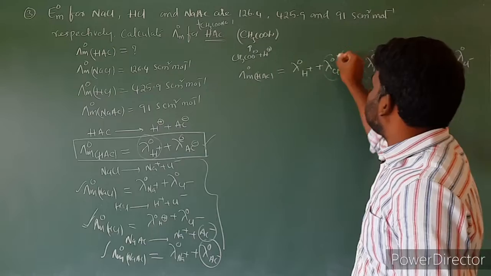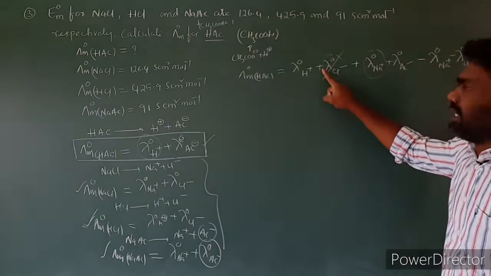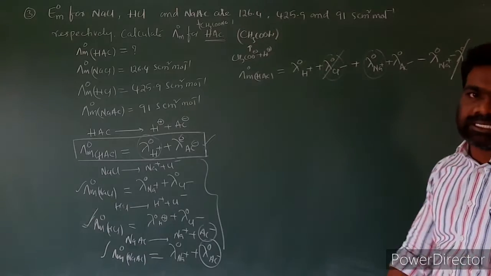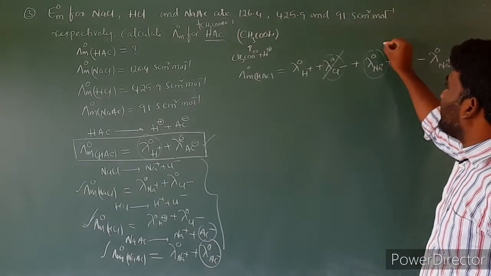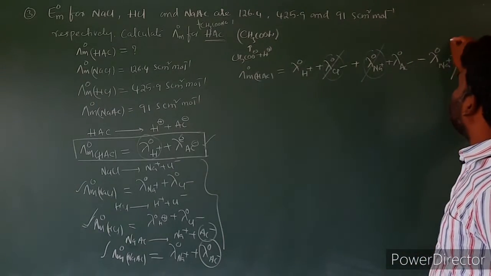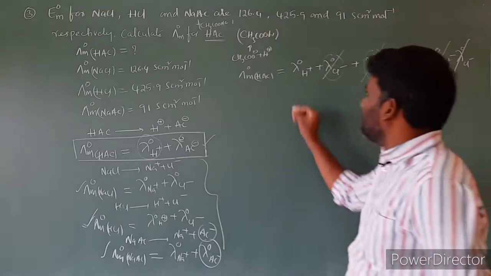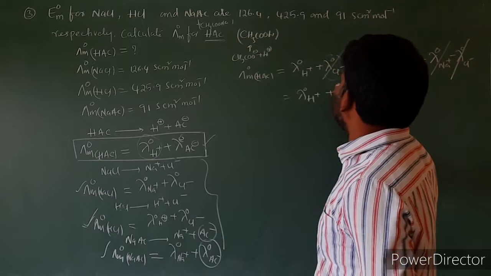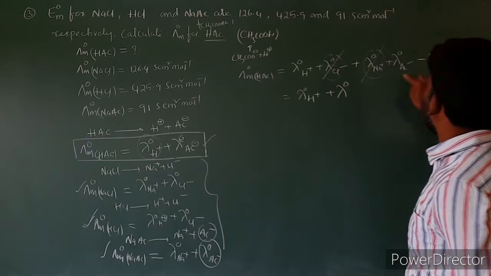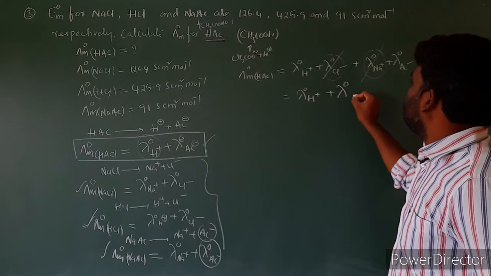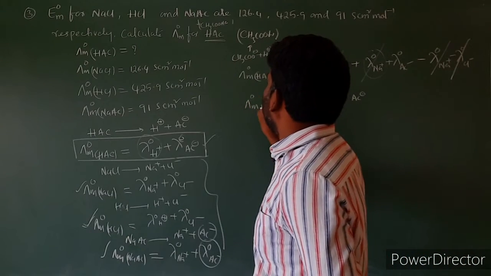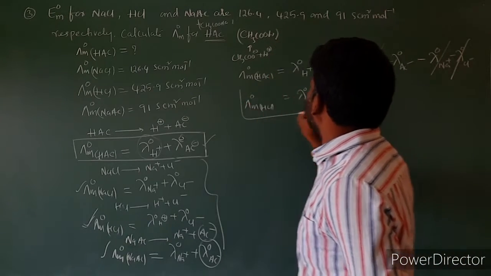Look here, lambda naught Cl minus and lambda naught Cl minus cancel, plus lambda naught Na plus minus lambda naught Na plus cancel. Then what remains is lambda naught H plus plus lambda naught AC minus. So this is lambda naught HAC. We got this equation.